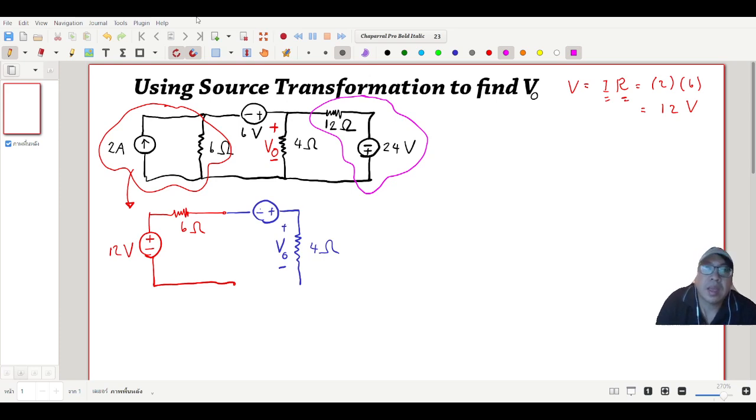Again, from V equal I multiplied by R, I will be equal to V divided by R. What is the value of V? 24 volt, and the value of the resistor is 12. Okay, absolutely. We obtain I equal 2 ampere. And what is the direction? The direction is here.